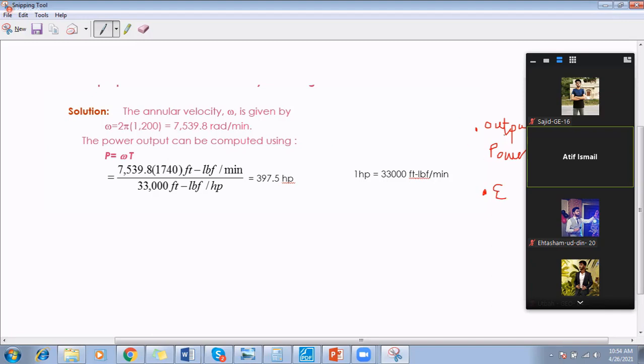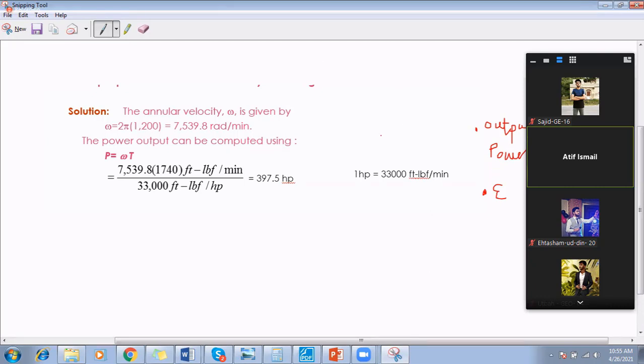The equation of output power is P equals omega T, where omega is the angular velocity, which is 2 pi n, and T is the torque, which is F into R.